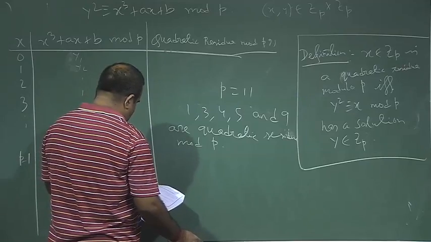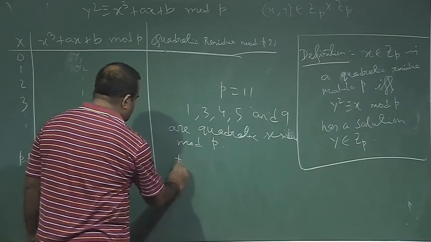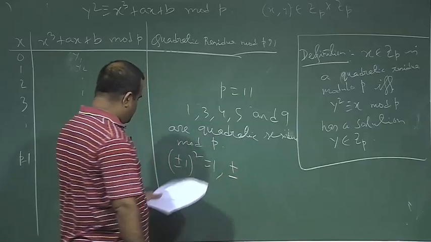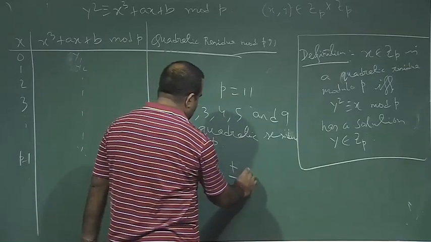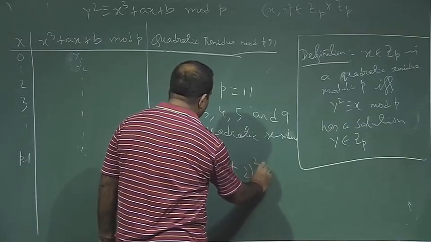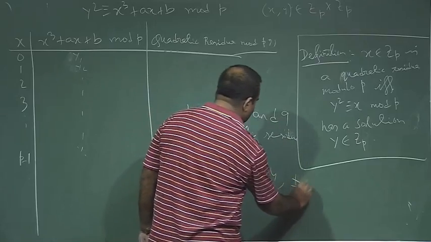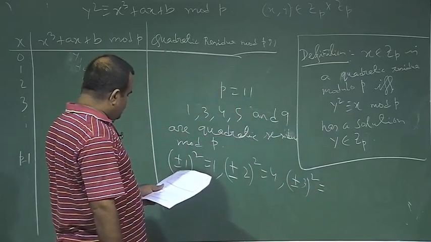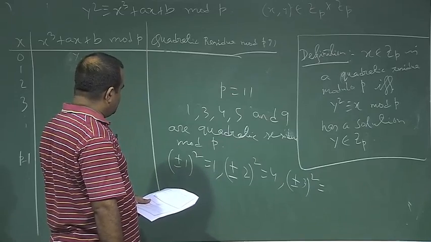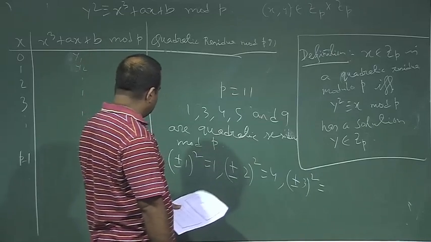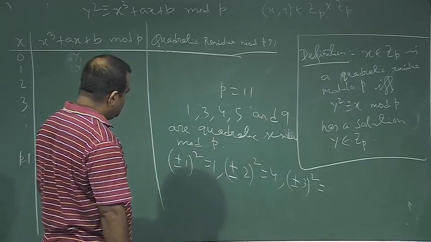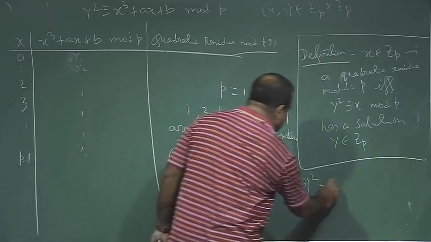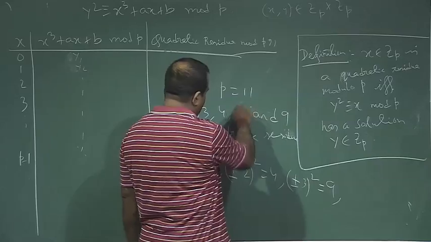So, basically plus minus 1 squared is 1, plus minus 2 squared is 4, plus minus 3 squared is basically 9. So, this is Z_11 actually.